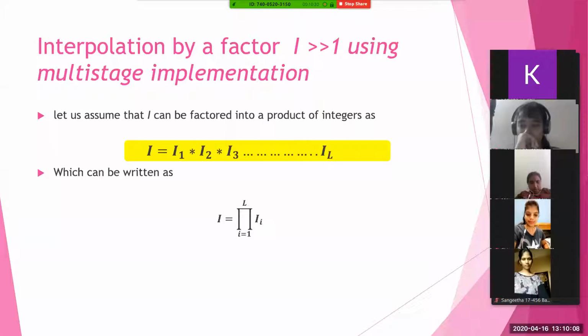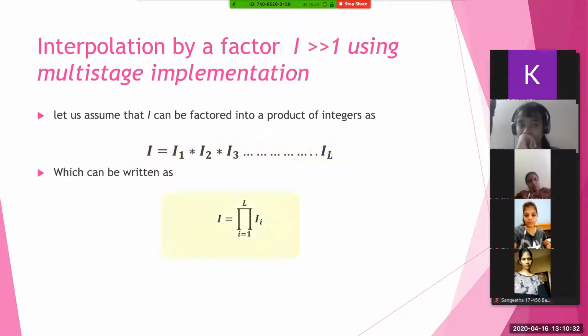So I can write it as 2 into 50, or I can make it 25 into 2 into 2. Like that we can write and divide them into smaller stages.